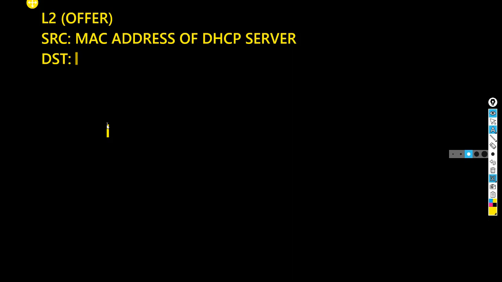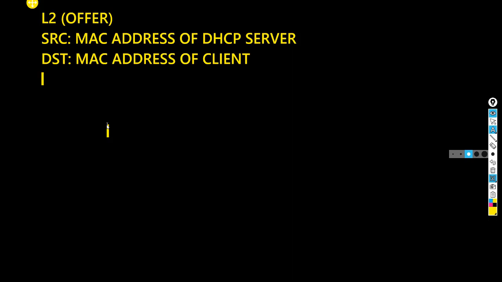And how was the client MAC address known to the server? It's because in the first packet, the L2 source was the client MAC address, right? So it's going to keep the same MAC address of the client, which it received in the discover packet. So this ends your offer packet, or offer message.